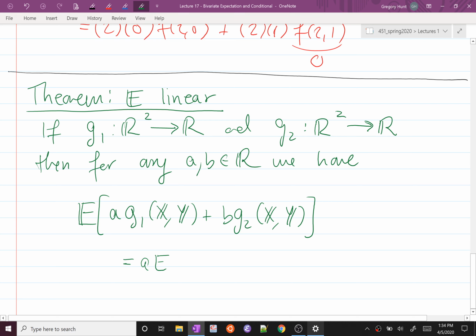So this is a times the expected value of g1 of x, y plus b times the expected value of g2 of x comma y.